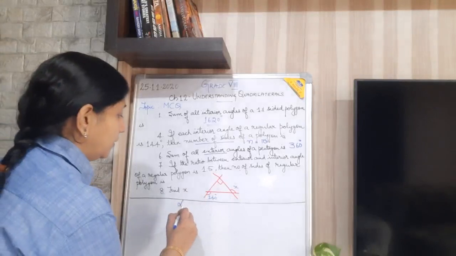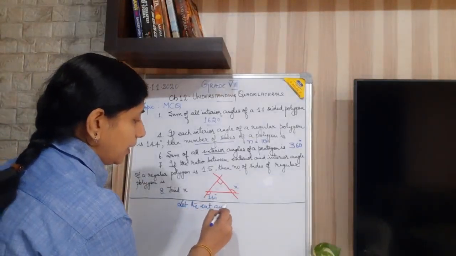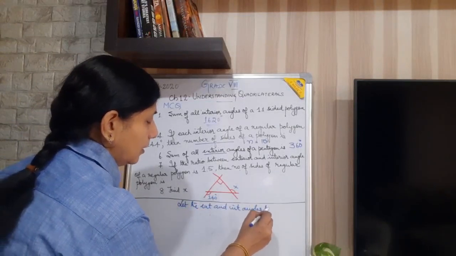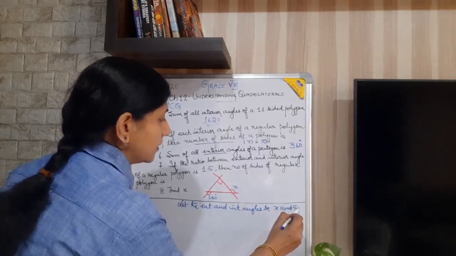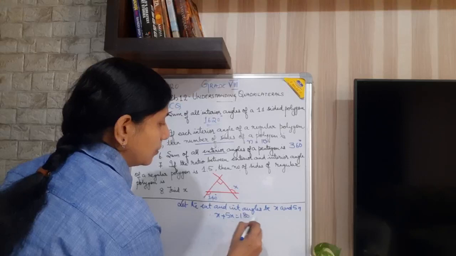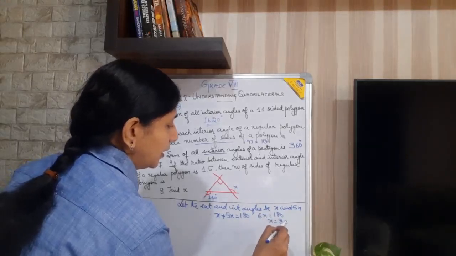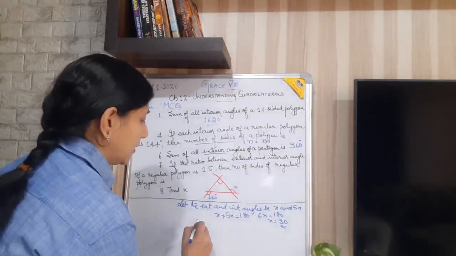So let the exterior and interior angles be x and 5x. So their sum, x plus 5x, will be 180. So 6x is 180. So x is equal to 30. Now the exterior angle is considered as x.